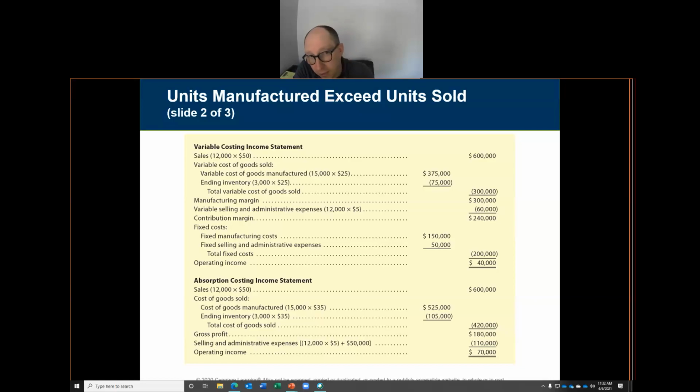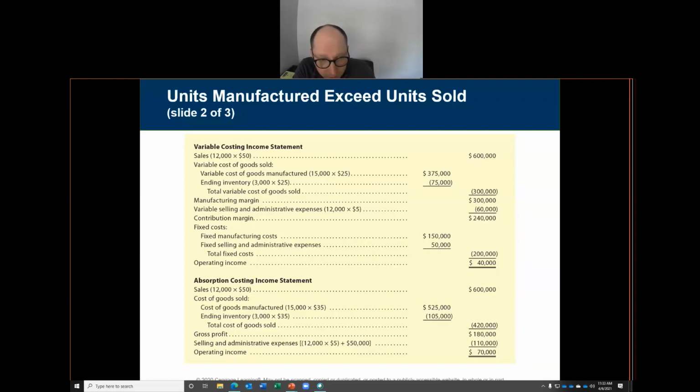So how do I figure out my total variable cost of goods sold? I take my total variable cost of goods manufactured minus my ending inventory. Then to find the manufacturing margin, we take our sales minus our total variable cost of goods sold to equal our manufacturing margin. In this example, 300,000.